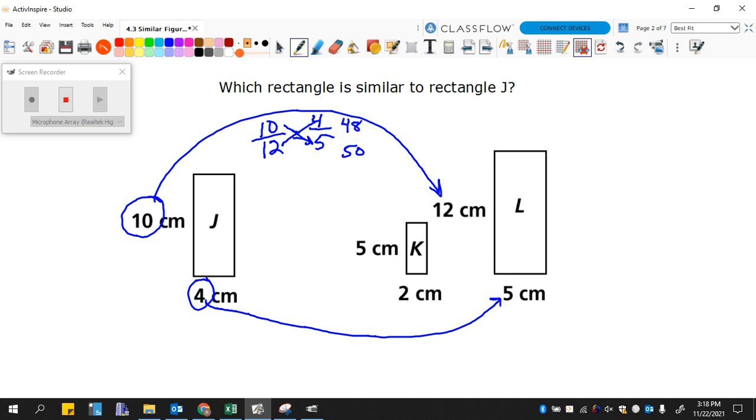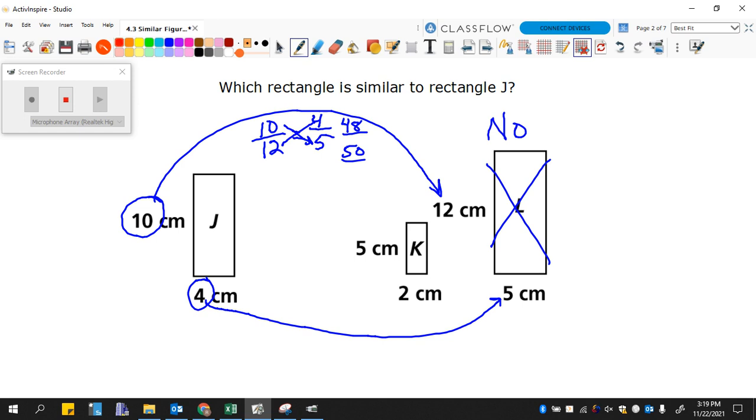So these two numbers are not the same. That means that rectangle L does not have corresponding sides with rectangle J. So it's not similar.